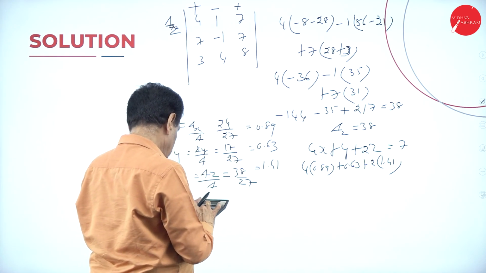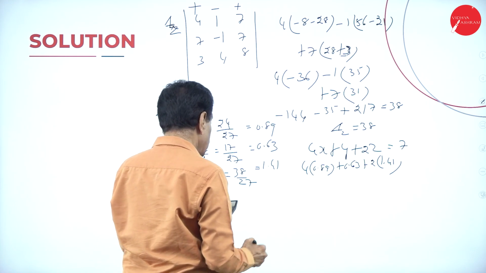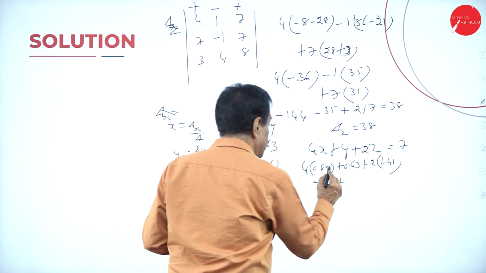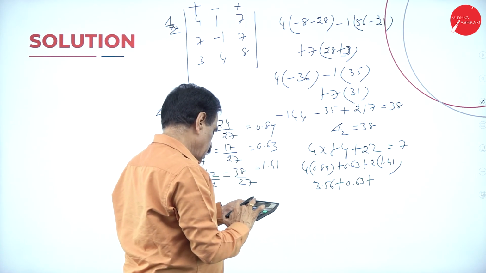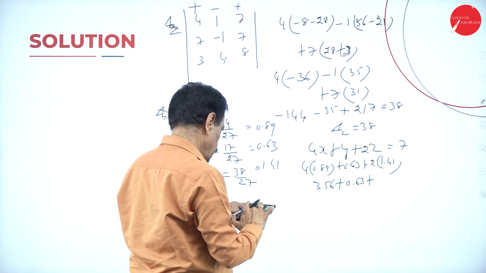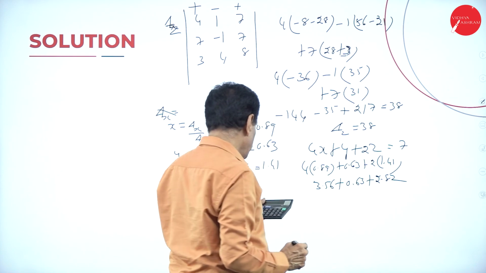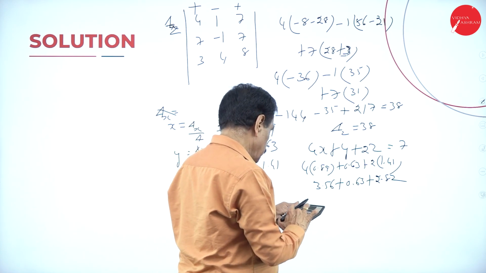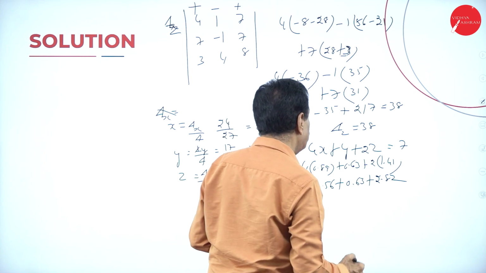0.89 into 4, 3.56, 0.63, 1.41 into 2, 2.82. 2.82 plus 0.63 plus 3.56, 7.01.